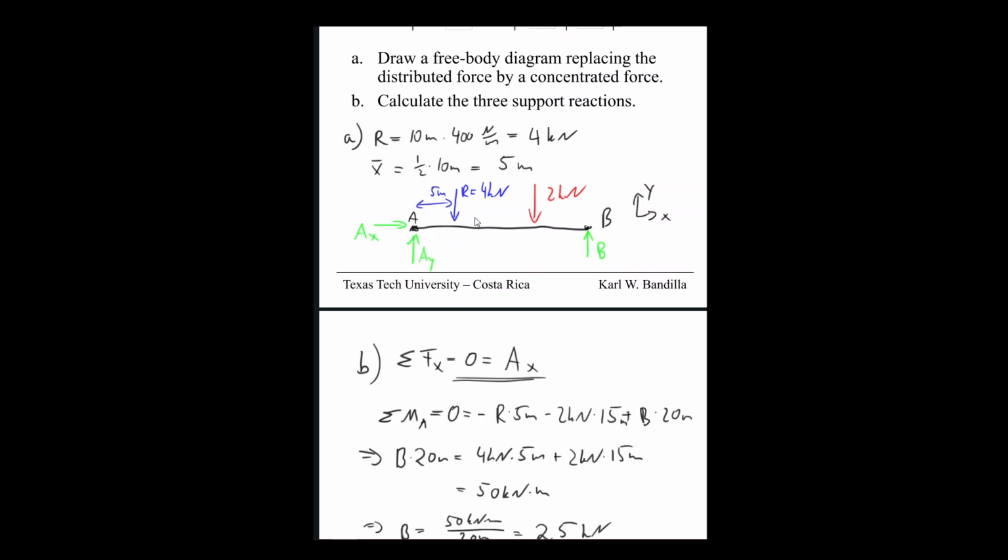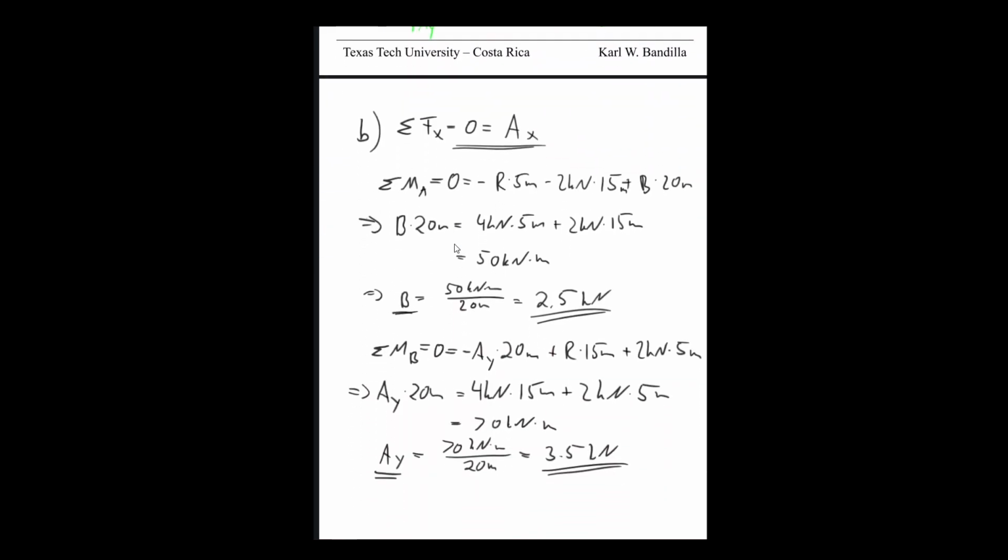That makes sense too, because our other two loadings are all going downward, and we don't have any kind of cantilever or something that would reverse it. So it's good that they're pointing upward. Now we can also do a little test here, because we didn't use Fy to calculate any of the forces, so we can do a quick check if the sum of forces in the y direction equals 0.